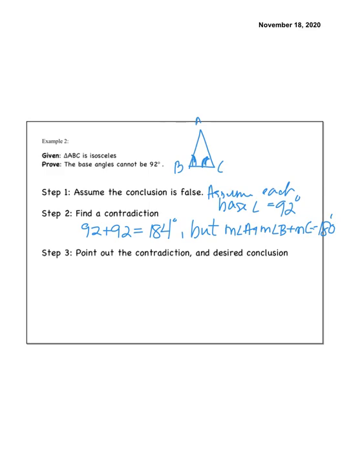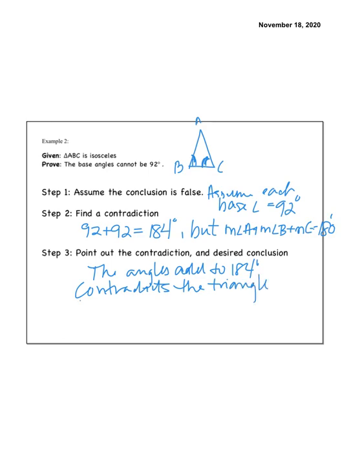So our contradiction is that the two angles add to 184 degrees, which contradicts what is called the triangle sum theorem.